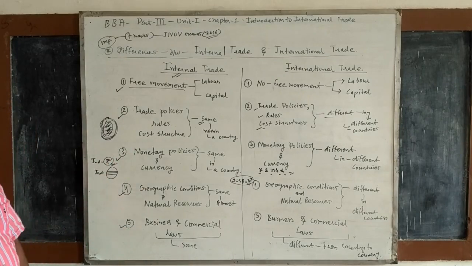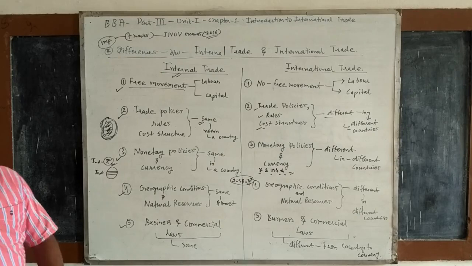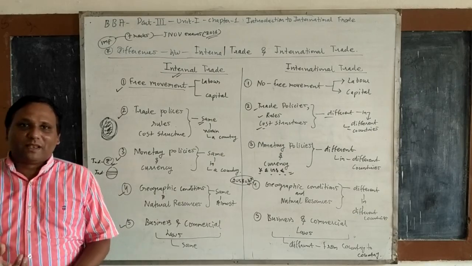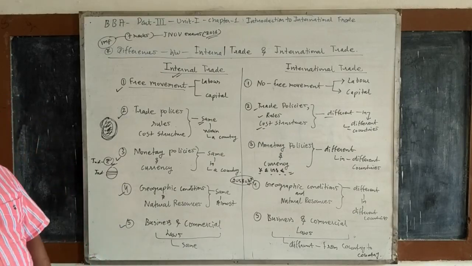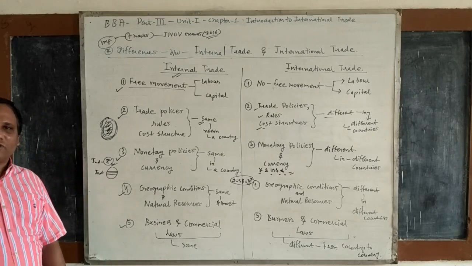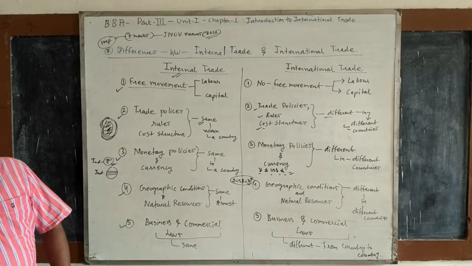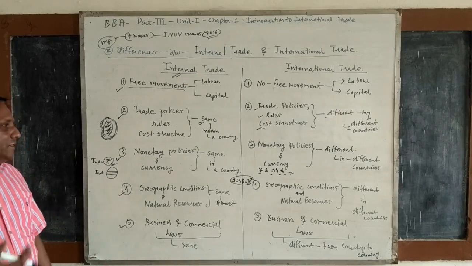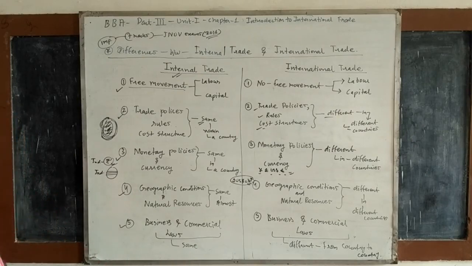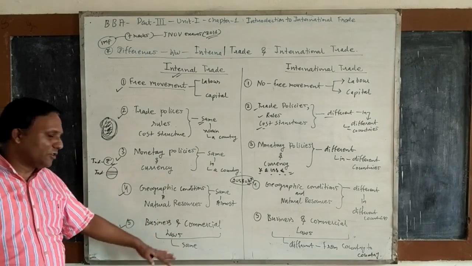Whatever rules and regulations are there for Rajasthan, let's say, the commercial laws are quite similar for Tamil Nadu, West Bengal, or Jammu and Kashmir also. So many states within the boundary of a country have similar business or commercial laws.